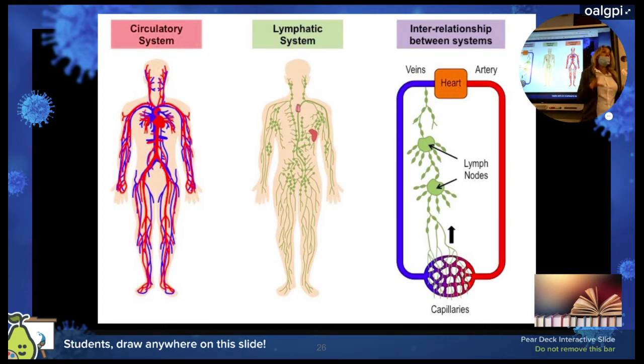Now, what if you're a toxin that didn't get pushed out? You will get filtered at the spleen, exactly. Remember, your spleen filters blood like your lymph nodes filter lymph. You okay with that? What do you call the fluid portion of blood?